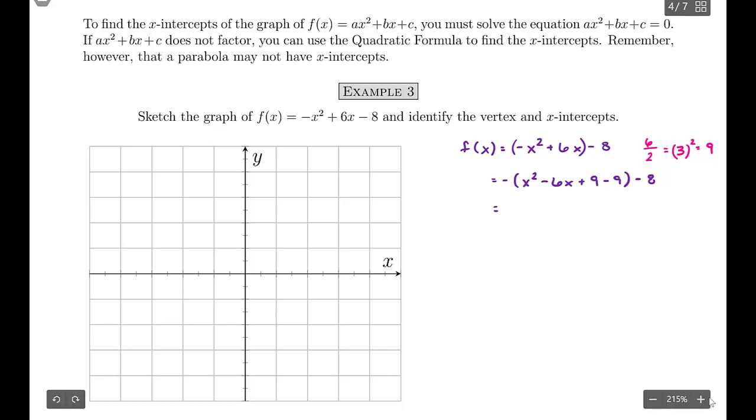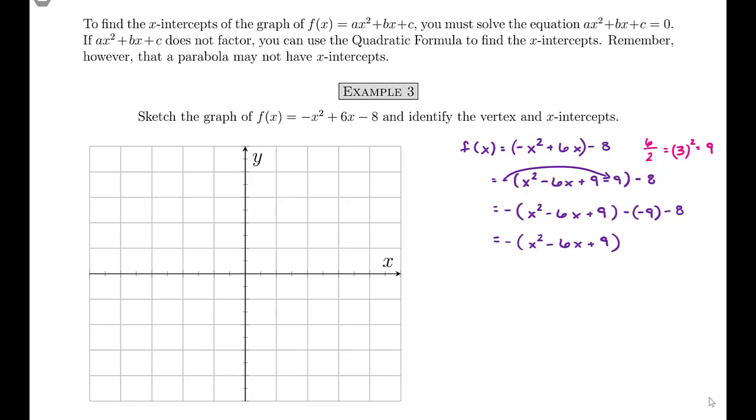I have to distribute the negative though, so I have negative x squared minus 6x plus 9 minus negative 9. Distribute the negative to that negative 9, that's where that came from, minus 8, and that will be negative quantity x squared minus 6x plus 9 plus 1.